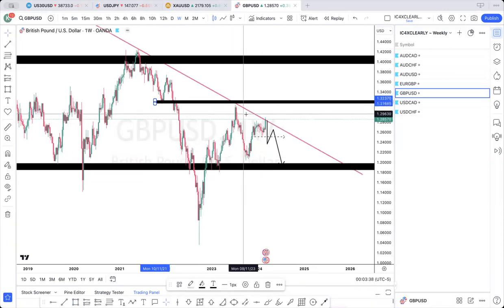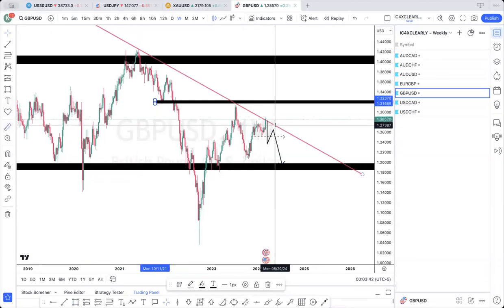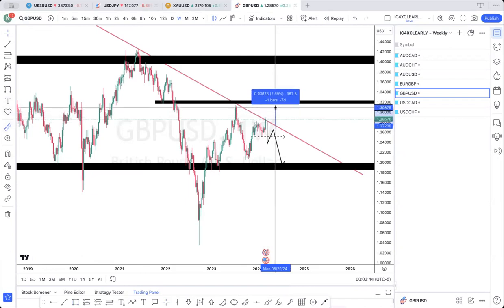I don't know if I would, well, let me not say that. Because if the pullback happens and you buy it up to here, that's about 450 pips. So yes, you can buy it up to there. And then of course, if it breaks through, then you can take it to the next zone.